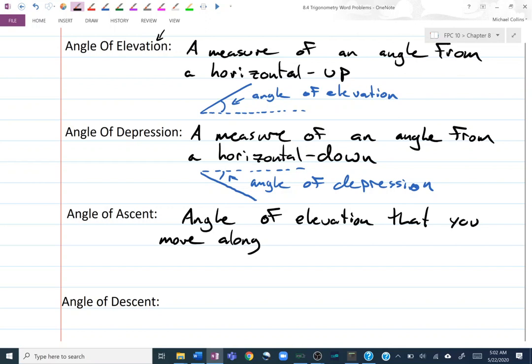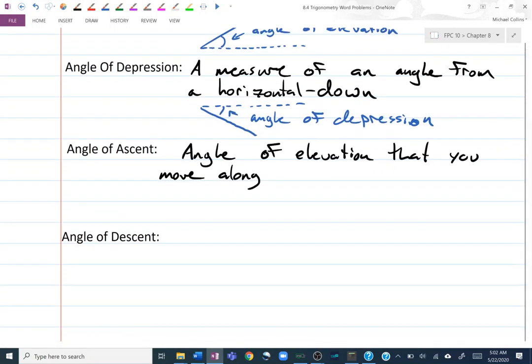If you look at our angle of elevation diagram up here, if you walked along that angle of elevation, that would be an angle of ascent. That's the angle up that you go along. The only difference is an angle of elevation is you usually just look at it, whereas an angle of ascent, you actually move along it.